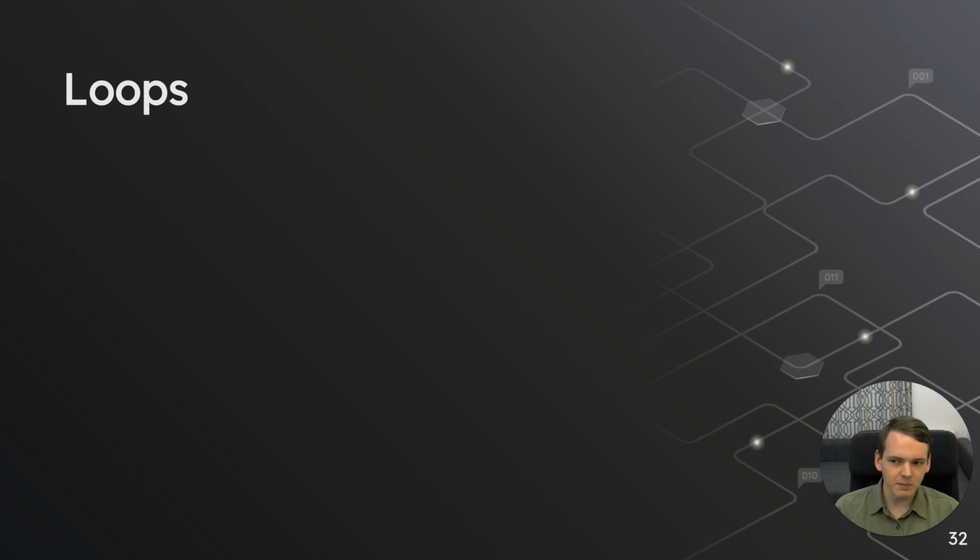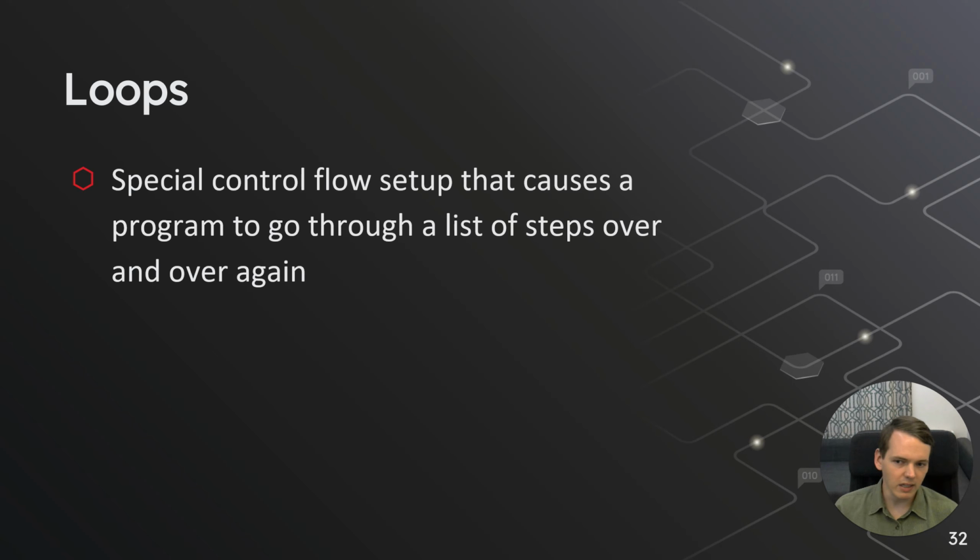And then the last concept I want to introduce here are loops. These are just a special control flow setup that causes a program to go through a list of steps over and over and over again. So that while that I mentioned earlier, keep doing something while something is true, that's an example of a loop.